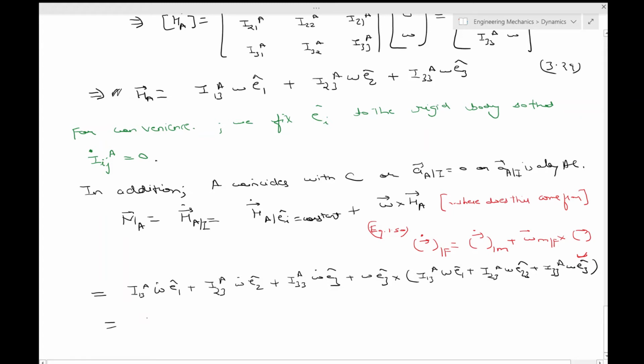So I can write I13A omega dot minus I13A omega square E1 hat plus I23A omega dot minus I23A omega square, plus I33A omega dot E3 hat.